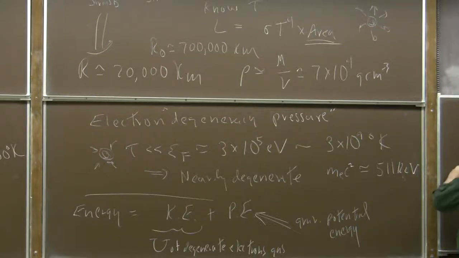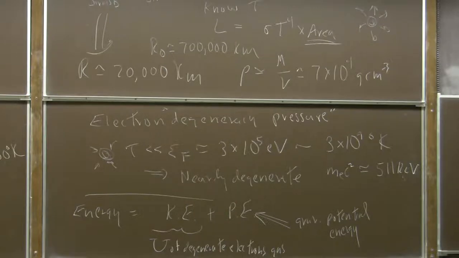So this is the combined potential and kinetic energy as a function of the radius. The star is going to want to sit here at the minimum, and we'd like to estimate what that is. That's our estimated size of Sirius B.